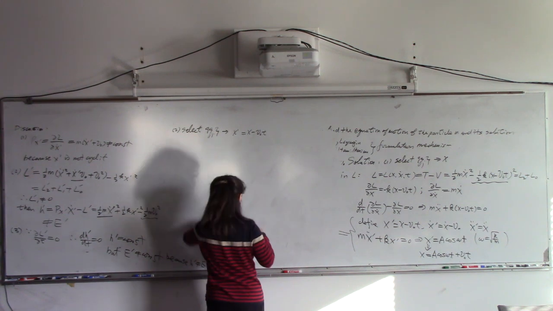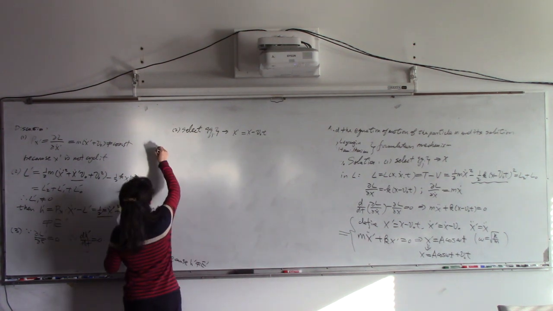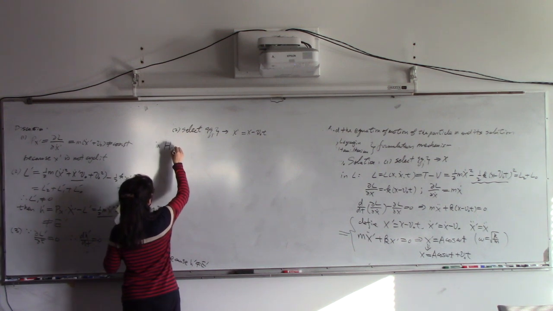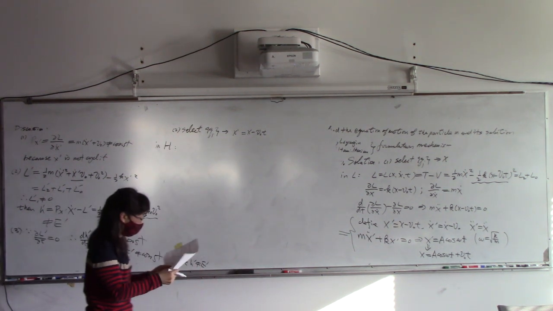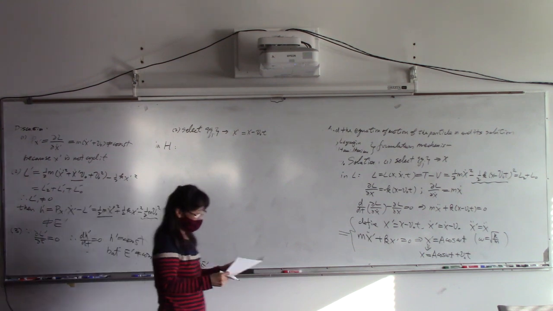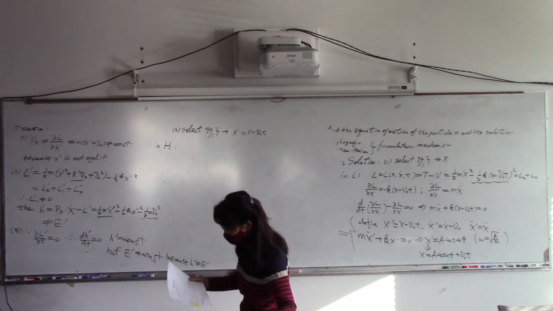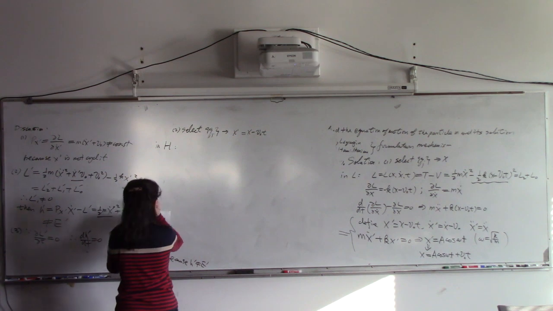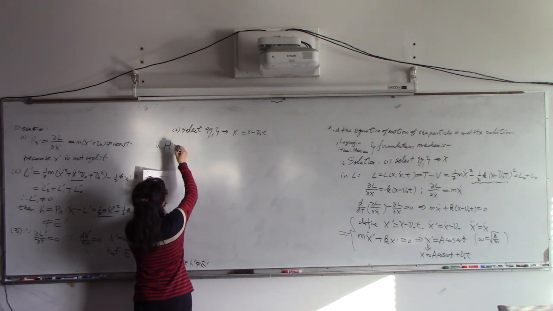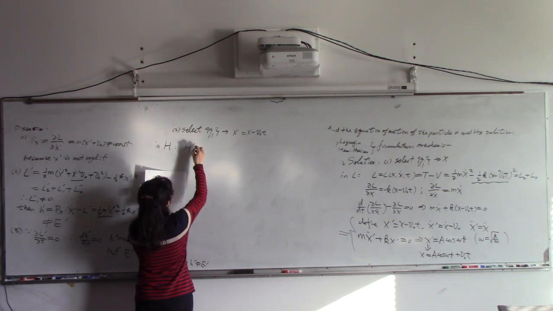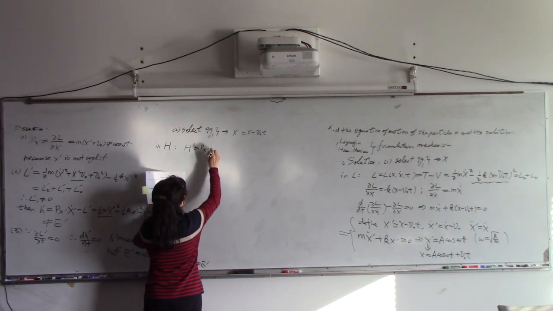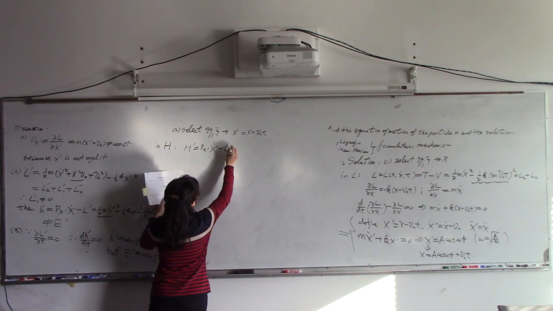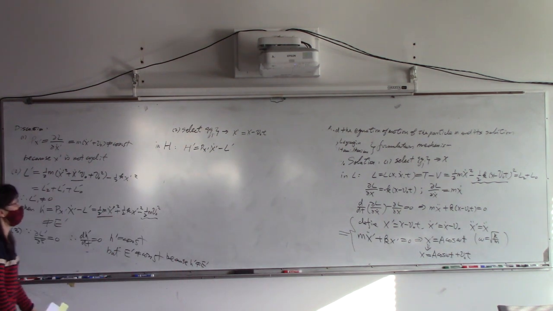Now let's do the same thing for the Hamilton formulation, and you will see this. So H prime by definition is Px prime x prime dot minus L prime, right? That is the definition.